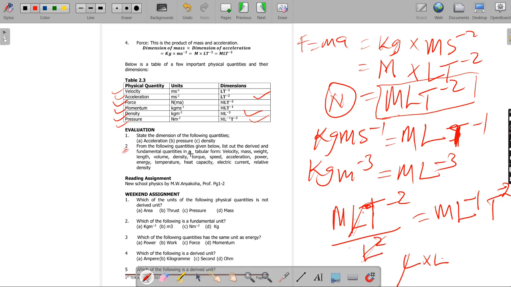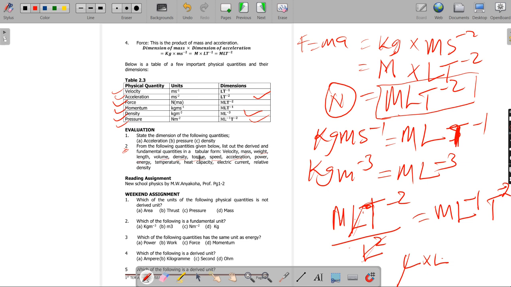Then number 2 here says, from the following quantities given below, list out the derived and fundamental quantities in a tabular form. So you have velocity, you have mass, you have weight, you have length, you have volume, density, torque, you have speed, you have acceleration. Torque, we are going to discuss when we talk about moments of a force.